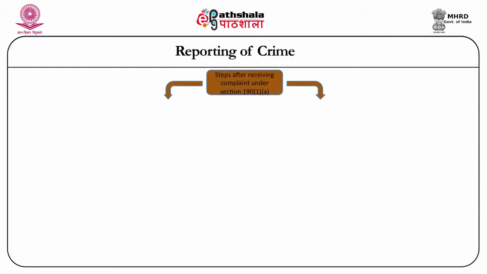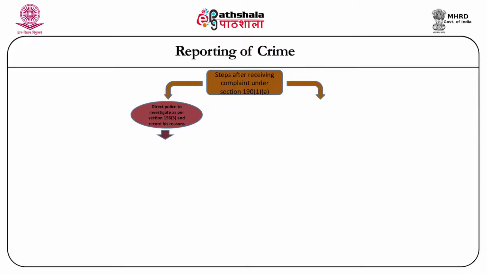Now let us discuss the steps which a magistrate can take after receiving a complaint under section 190 subclause 1 A of the code. The magistrate may either direct police to investigate into the matter as per section 156(3), and he must record his reasons for doing so.